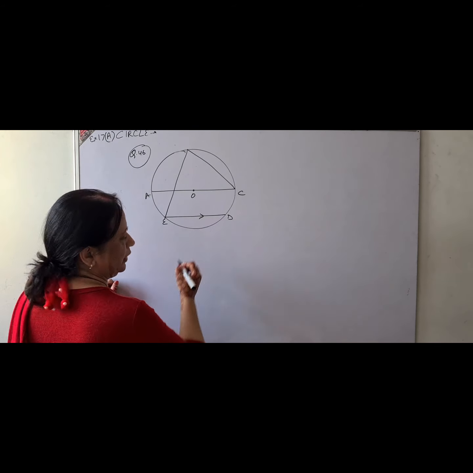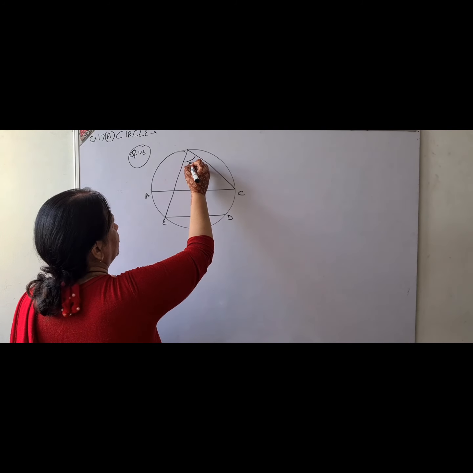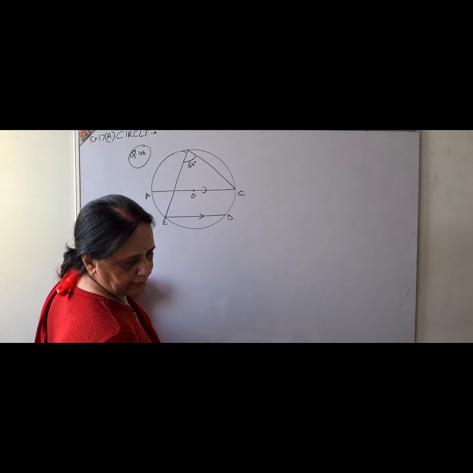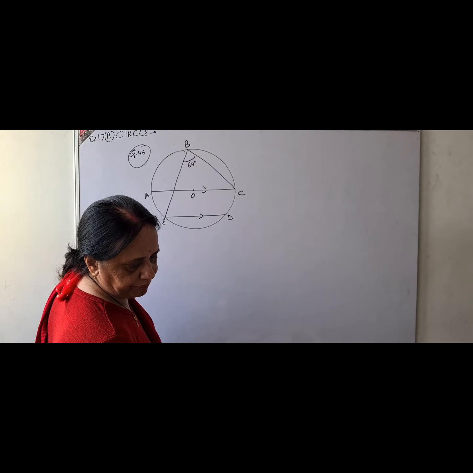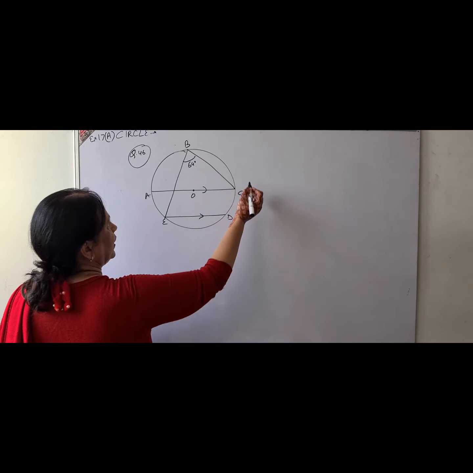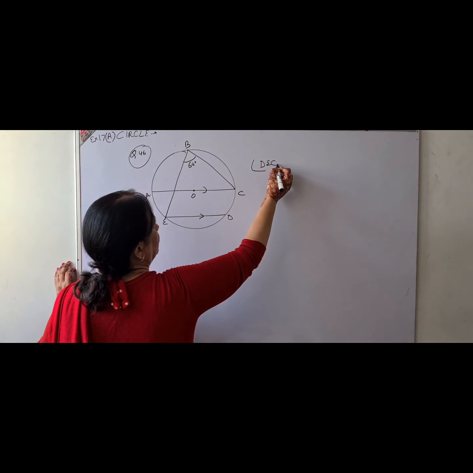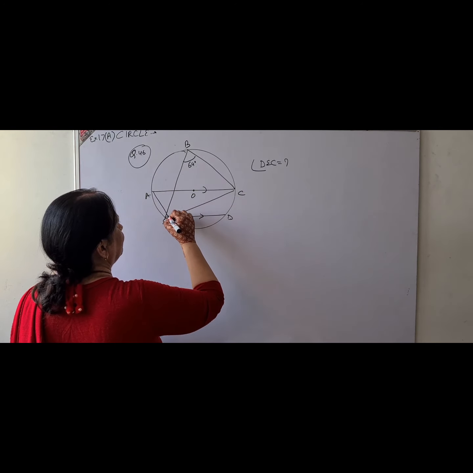ED is parallel to AC and 64. So I have to find the angle DEC. DEC is to be found. Join DE. Very simple.